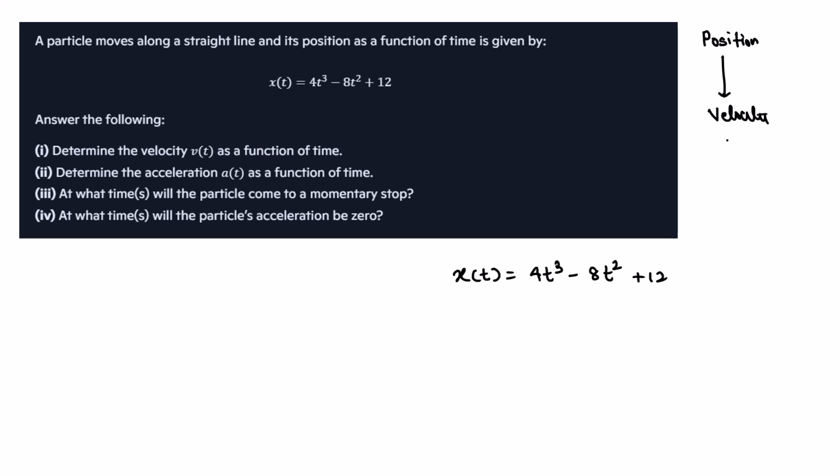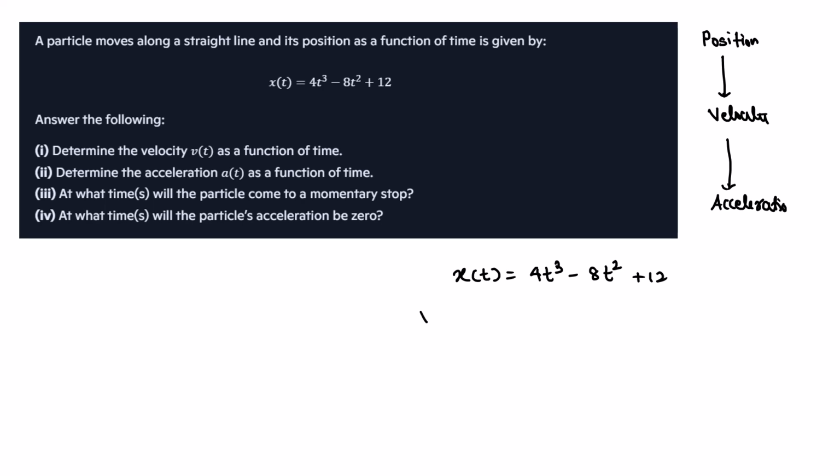From velocity, if you do differentiation, you will get acceleration. That means from position, by differentiation, you can get velocity, and from velocity, by differentiation, you can get acceleration. In the opposite way, if you are given acceleration, by integration, you can get the velocity.